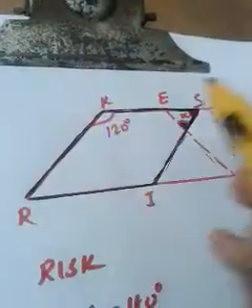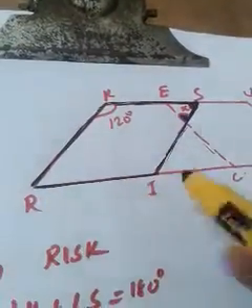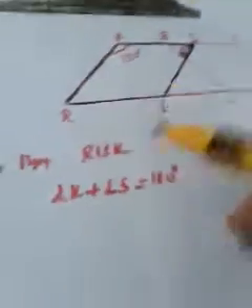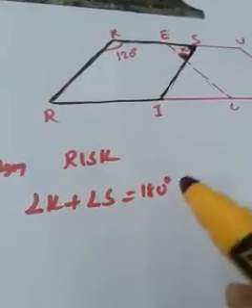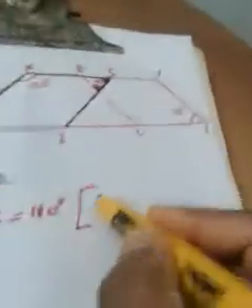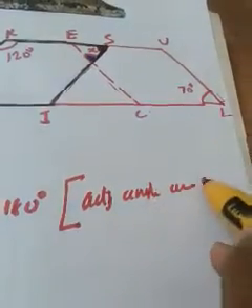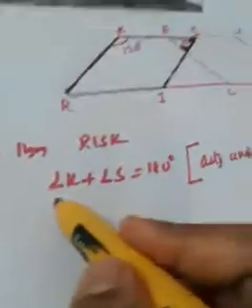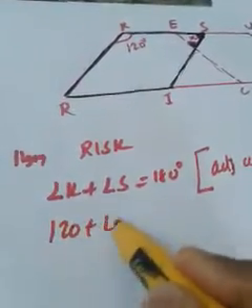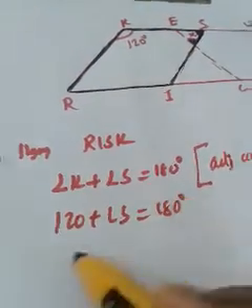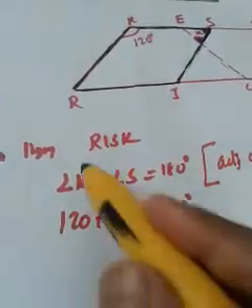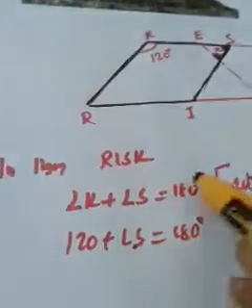Because angle K and angle S are adjacent angles of the black parallelogram RISK, isn't it? So angle K plus angle S should be 180 degrees because adjacent angles are supplementary. Angle K is given as 120 degrees, angle S we don't know, 180 degrees as it is.